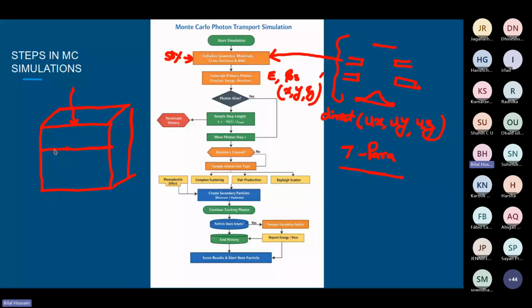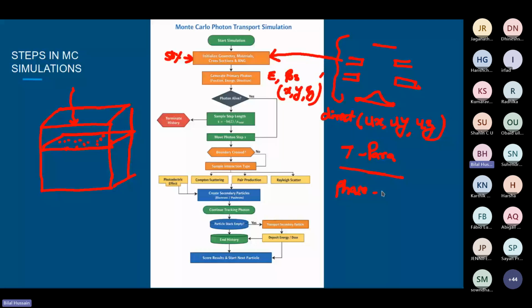Each photon should have these 7 parameters. For example, 1 million photons into 7 parameters gives 7 million values. So the data will be very, very huge. That is called your phase file. The photons defined at any points here, with all 7 parameters, I can put in a file, which we call a phase file.